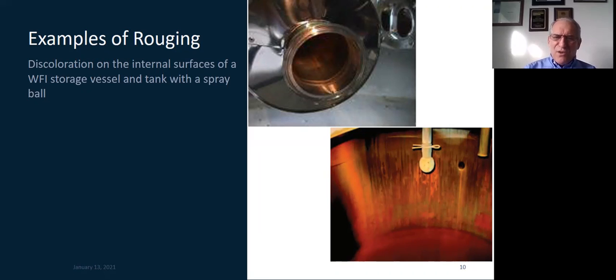Looking at color without a determination of rouge development and the depth of rouge is not indicative of the frequency of your rouge monitoring, or of when you should perform a derouging or passivation. So color is subjective. It is not necessarily indicative of particulates that may be in your water.